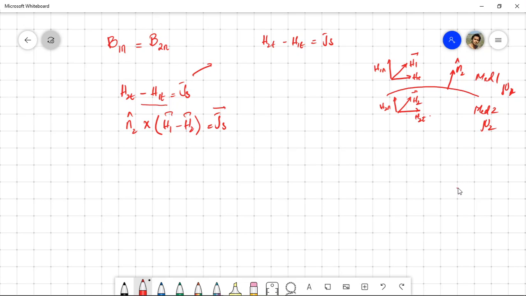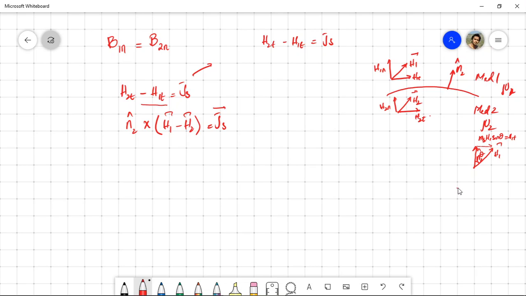Or if we draw this once again, if this is n2 hat, and this is H1 obviously, then we have this angle right here, and this is the tangential component. This side is opposite to theta, so it is going to be n2 H1 sine theta. The magnitude of n2 is 1, so we can ignore it, and this is H1 sine theta, which is basically Ht.